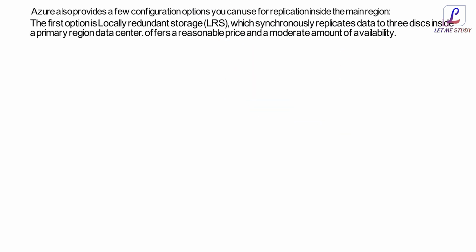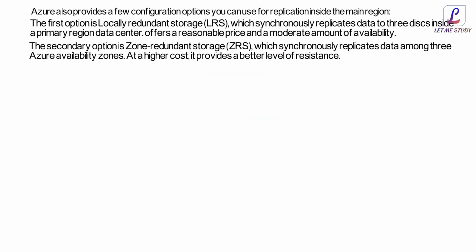The first option is locally redundant storage (LRS), which synchronously replicates data to three disks inside a primary region data center, and offers a reasonable price and a moderate amount of availability. The second option is zone redundant storage (ZRS), which synchronously replicates data among three Azure availability zones. At a higher cost, it provides a better level of resilience.